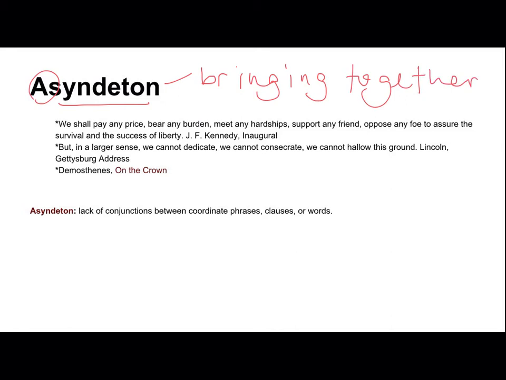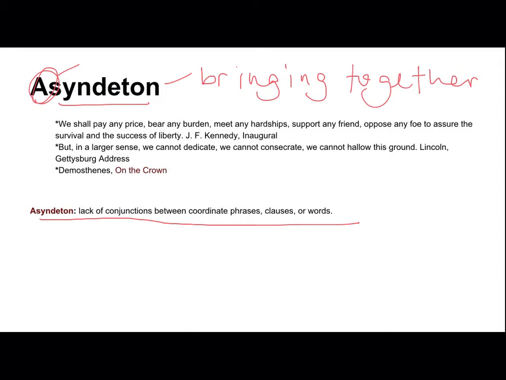And the A means without, or the absence of. For example, atonal means toneless, or asymmetrical, without symmetry. So there are conjunctions missing. There's a lack of conjunctions between coordinate phrases, clauses, or words.